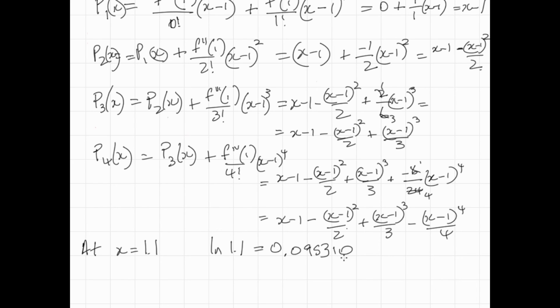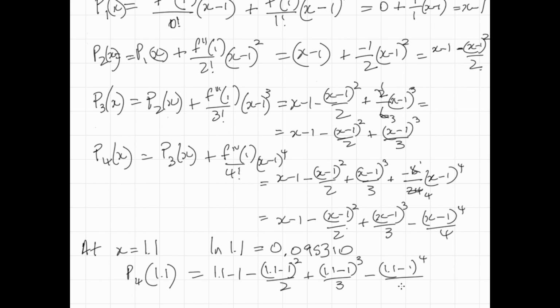So that's the actual value. P4, a 4th order polynomial at 1.1, would be putting 1.1 in all of that. So you'd have 1.1 minus 1, minus 1.1 minus 1 squared all over 2, plus 1.1 minus 1 cubed all over 3, minus 1.1 minus 1 all raised to the power of 4 all over 4.